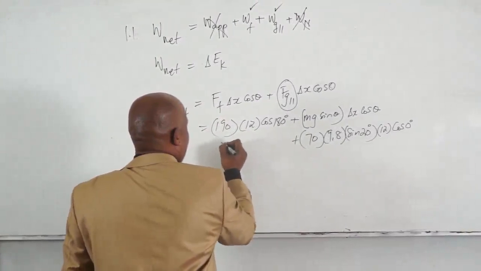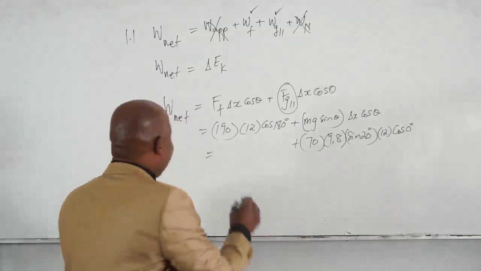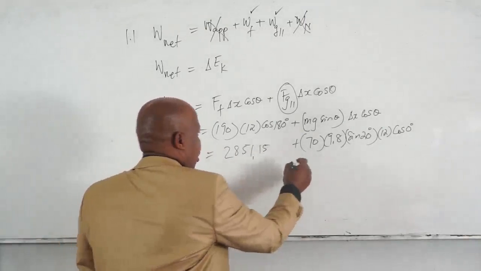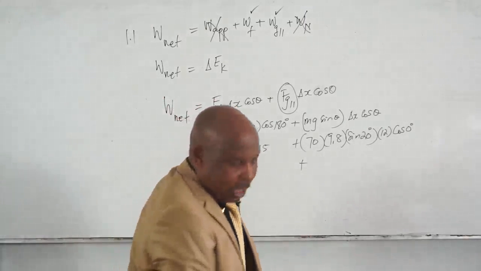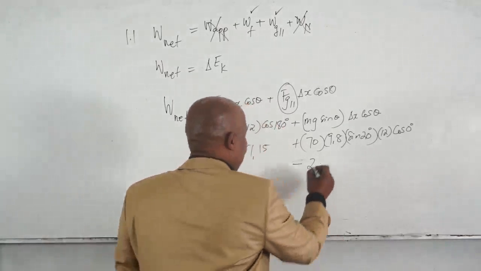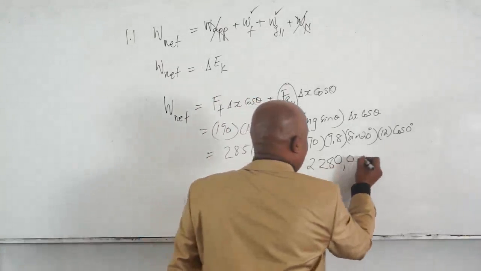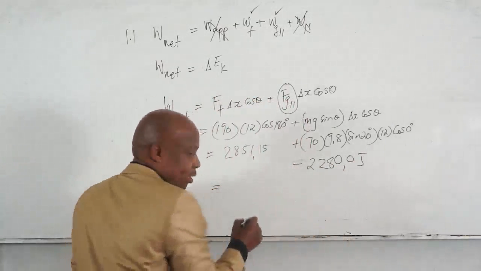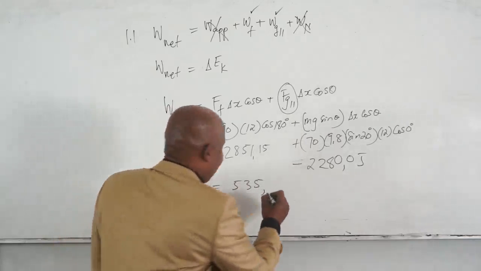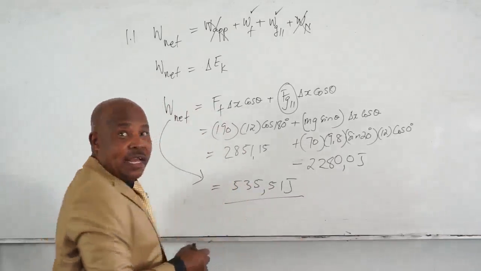And then the answer for this is 2851,15, and this one is minus 2280,0 J. So when you subtract the two, the final answer is 535,51 J. This is our W net.